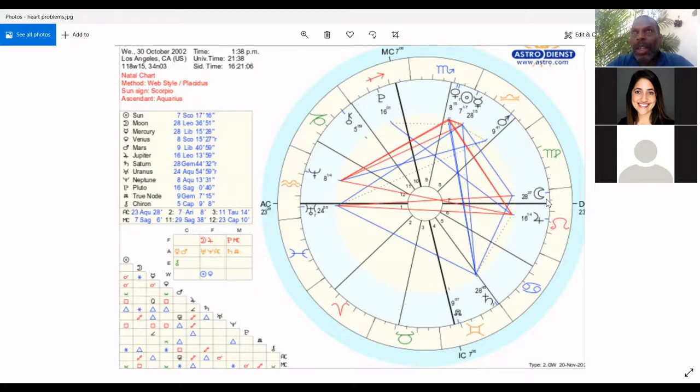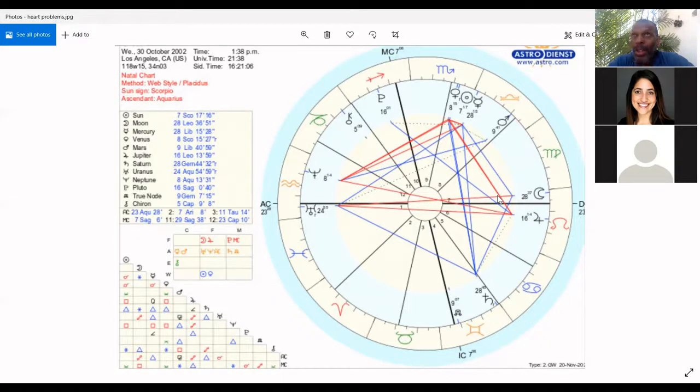So the square and the opposition are called hard aspects or obstructive aspects, right? So easy or flowing, hard or obstructive. That means that sometimes the wrong thing can be easy. So here we've got the ruler of the ascendant, which is my body, in an easy aspect with the ruler of the sixth house, which is my illnesses, which is my heart.